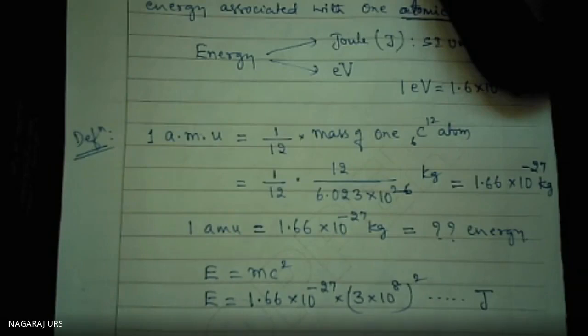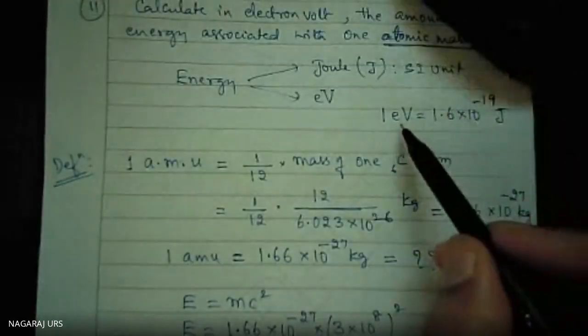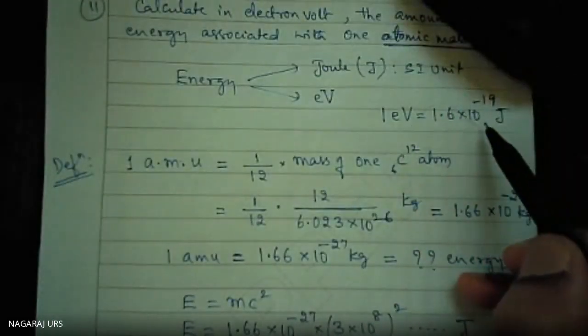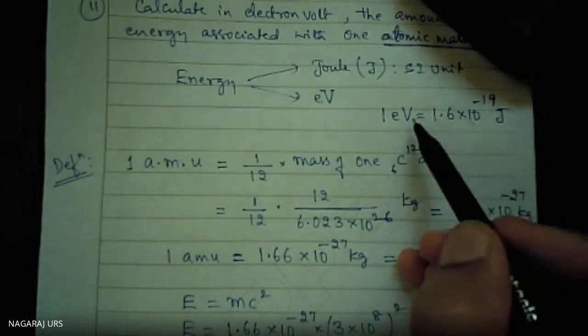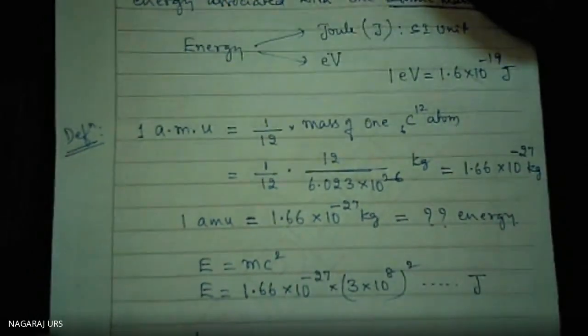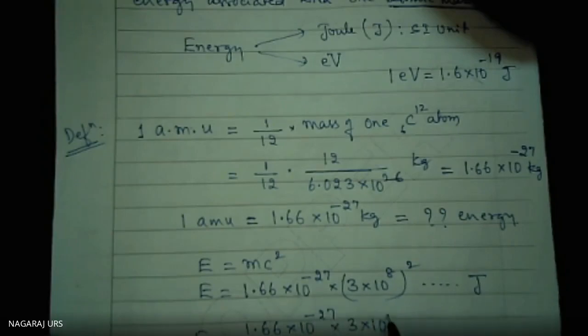If he asks you to calculate in terms of joules, you have to calculate this. But we know that one eV is equal to this many joules, and we want to convert joules into eV. So energy is 1.66 into 10 to the power minus 27, into 3 into 10 to the power 8 whole square, divided by 1.6 into 10 to the power minus 19.